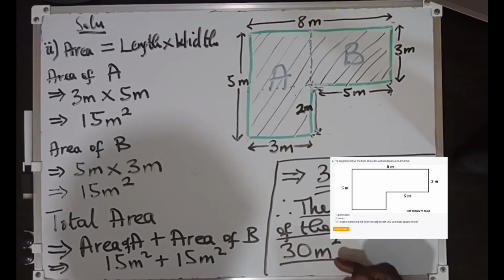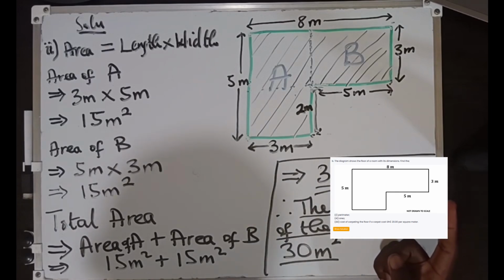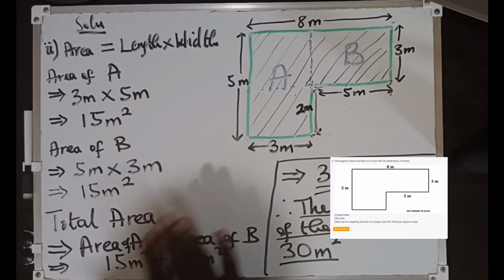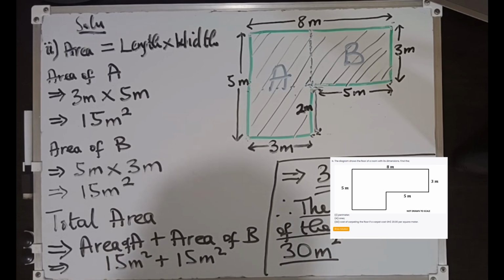The area is 30 meters squared, but if the person is going to buy a carpet, 1 square meter is 20 cedis, so 30 will be how much? That's what it means. So you can write the solution for the II part.